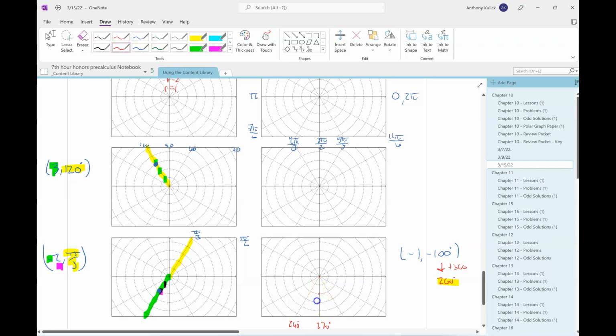Maybe I can draw that a little straighter. Nope, I can't. One more try. I'm a failure. So there's the 260. But remember, I have a negative on my radius, so really I'm talking about that part of it. And then we're looking at 1, so we're talking right there. What's the takeaway on this piece? The negative sign on the angle doesn't flip anything, right? It's only the negative sign on the radius that you do the flip.